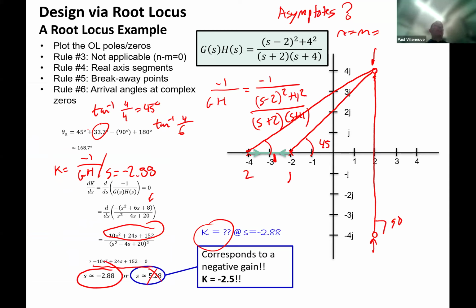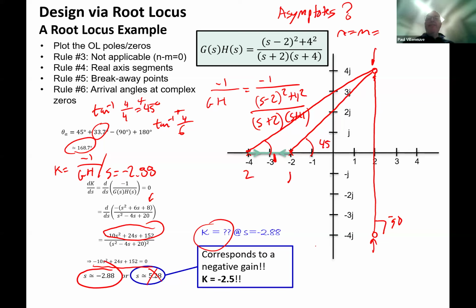So our arrival angle is the sum of the poles minus the sum of the zero angles plus 180 degrees. So this is a pole, this is a pole, so that's a plus. This is a 0, so that's a minus, plus 180. And we have approximately 168.7.